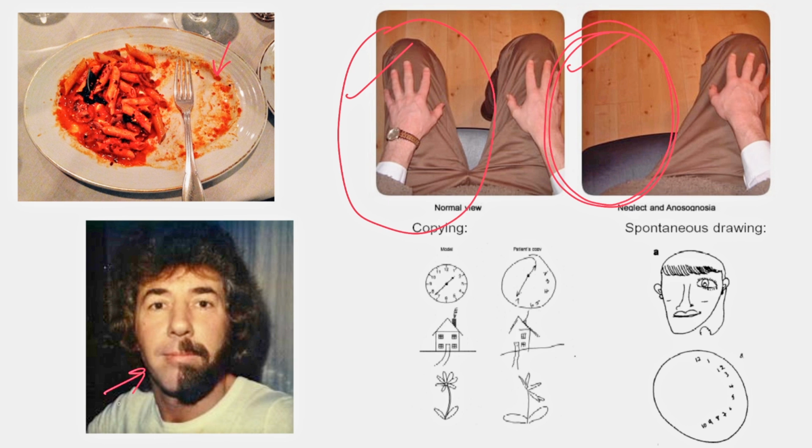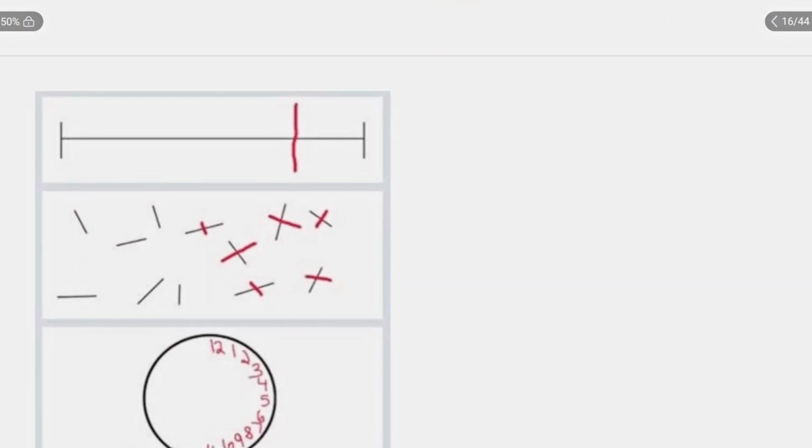Then here is an exaggerated picture where the person has shaved only one half of his face. And these are a few important tests. You tell the patient to draw this, but you can see the patient has drawn only half of the clock, half of the face, and half of the flower. So a few important tests.